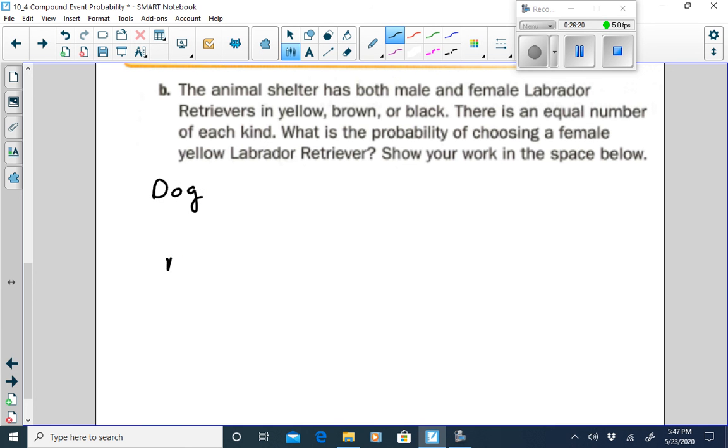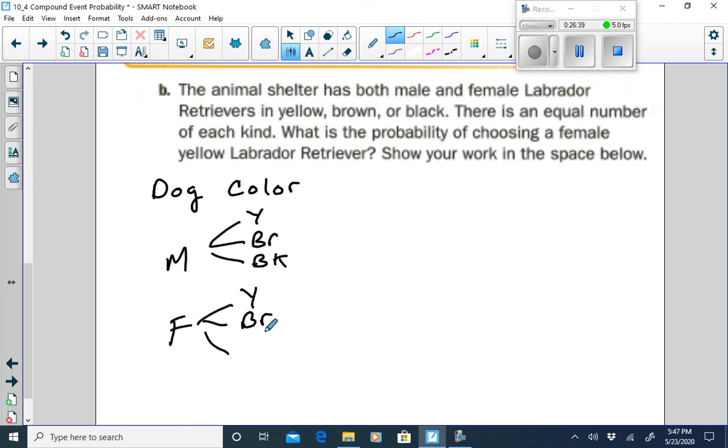You could have a male dog or a female dog. And then we have the color, which could have 3 options: yellow, brown, and black.